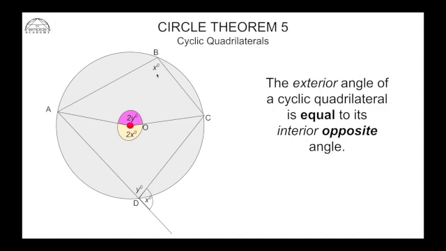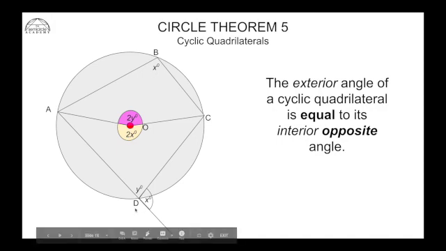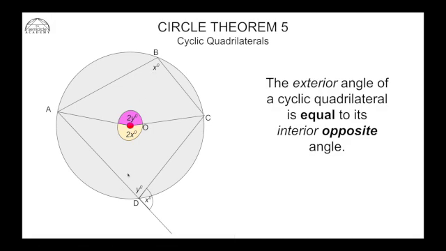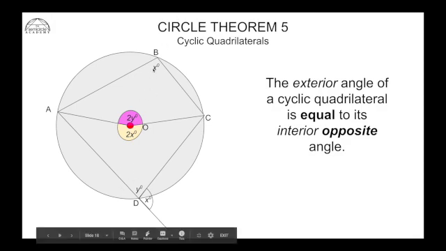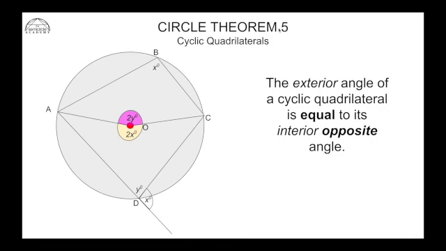And it's obvious, because X plus Y over here is 180 degrees, because it's a straight line. We also know that X plus Y over here is 180 degrees. So obviously this will be X and this will be X. So Theorem 5: the exterior angle of a cyclic quadrilateral is equal to the interior opposite.